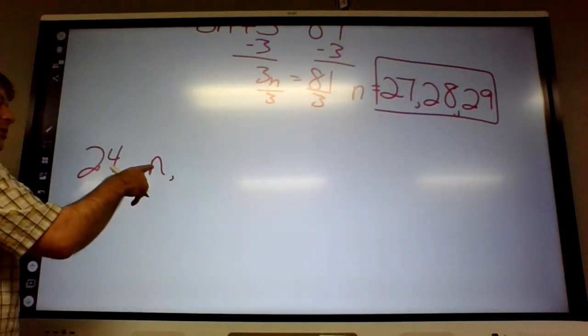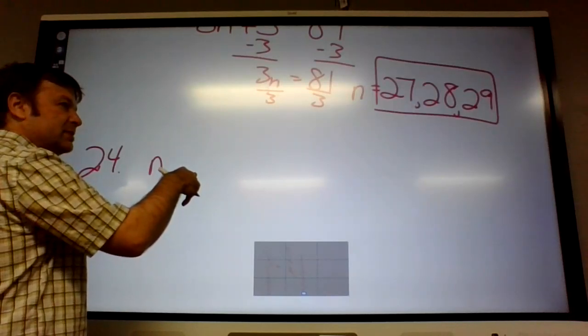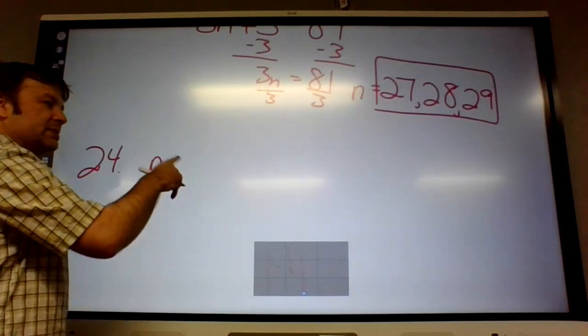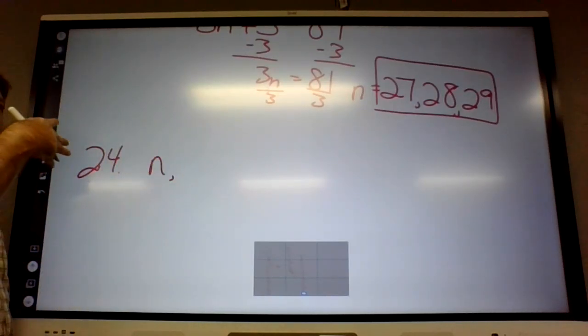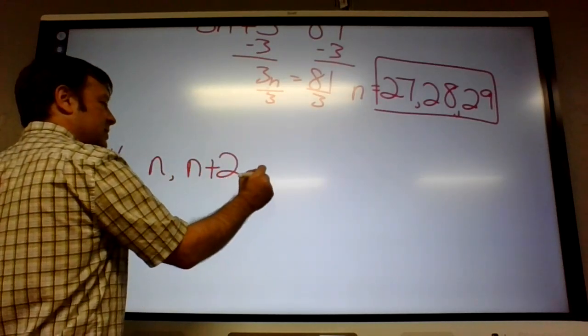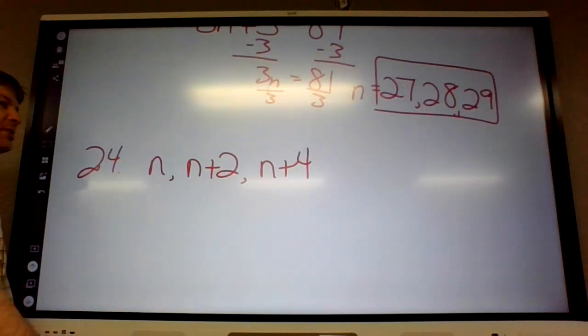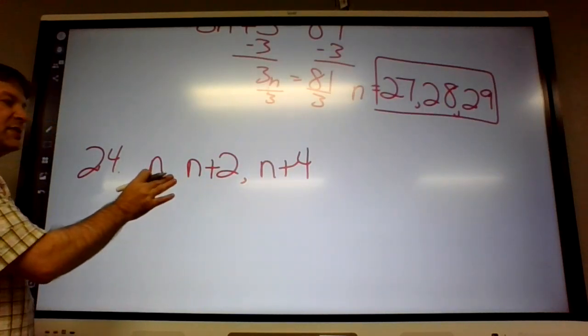So if I call the first one n, if it's even, what would the next one be called? How much do evens go up by? Plus 2. Right, they go up by 2s. The next one would be called n plus 4. The next one, n plus 6. That's what consecutive evens look like.